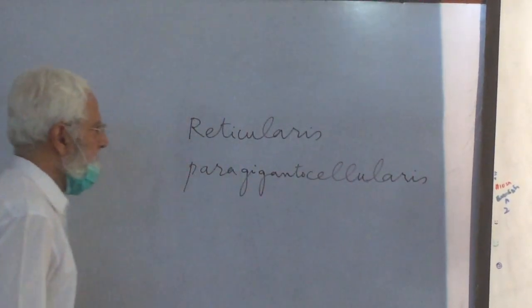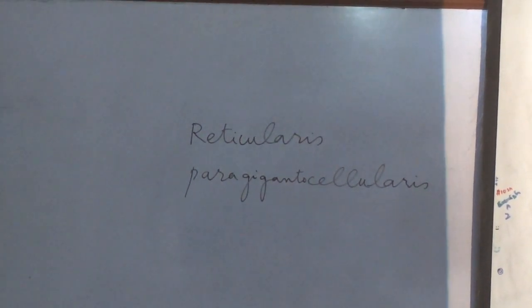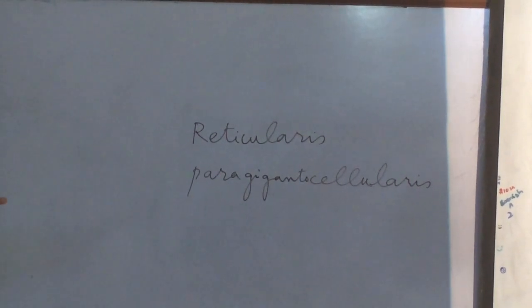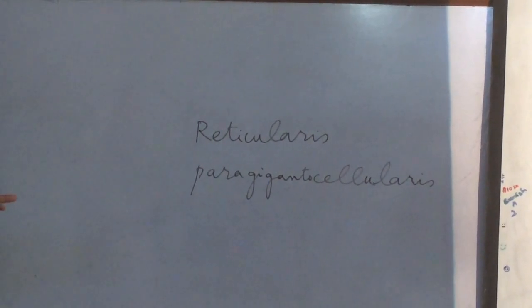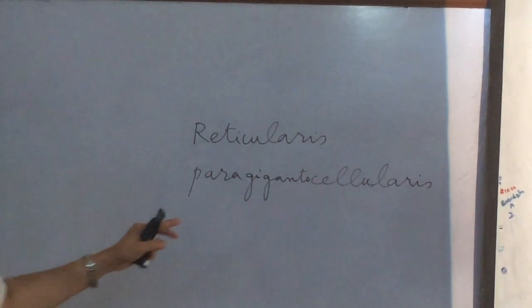It is a long name, but in the medulla oblongata, another part of the analgesia system is the nucleus reticularis paragigantocellularis.